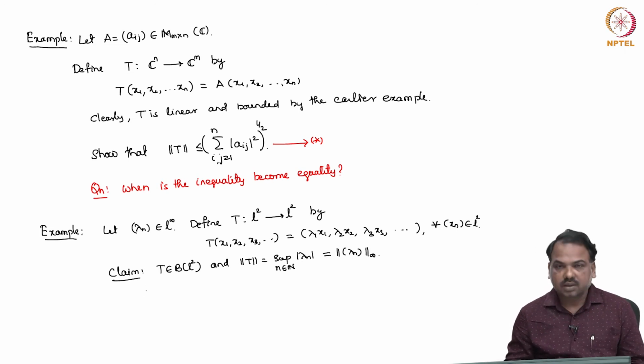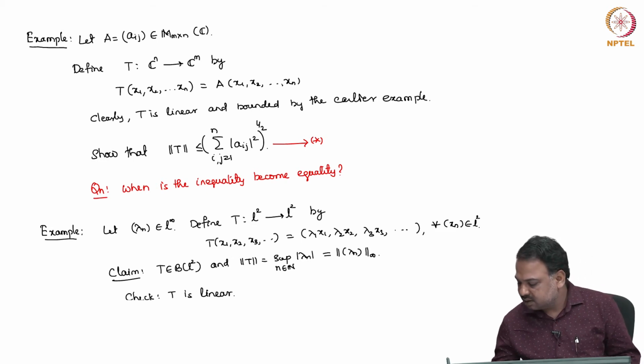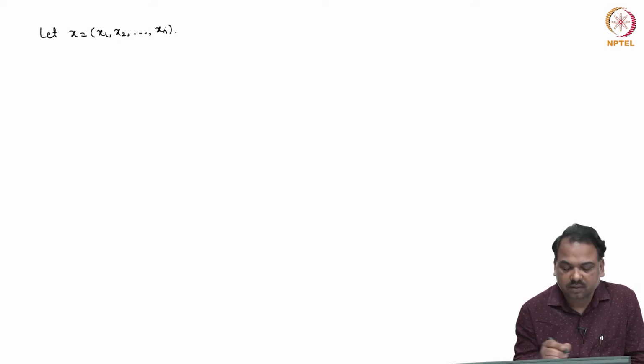So checking that T is linear is trivial. So check that T is linear. Now we want to find whether this is bounded or not. For simplicity, let us write x as the sequence x1, x2, so on xn.